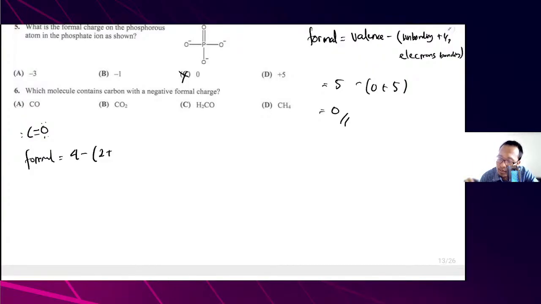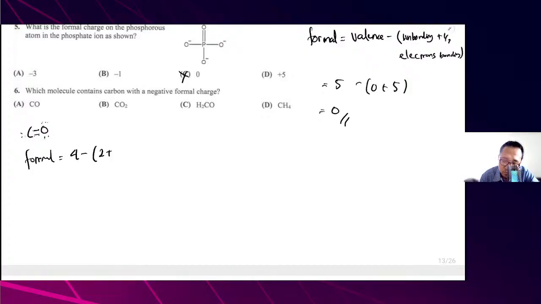And how many bonding electrons? 1, 2, 3, 4. O is 1, 2, 3, 4, 5, 6.